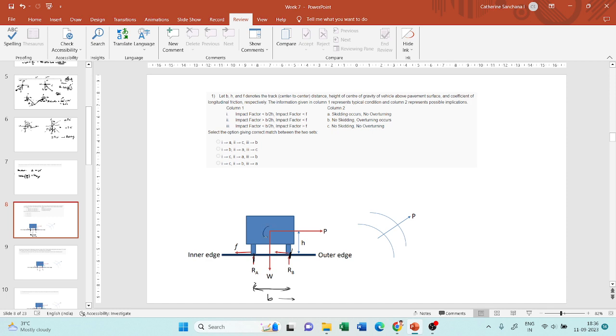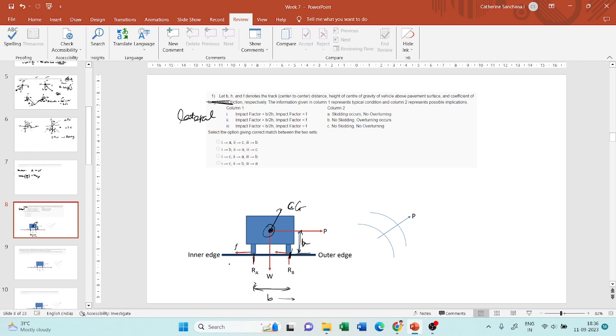If your vehicle has a CG acting about this point, this is the point where the center of gravity of the vehicle acts. From this point to the surface of the pavement, the height is taken as H. So they've given the height of center of gravity of vehicle above pavement surface and the coefficient of, this is not coefficient of longitudinal friction, this is coefficient of lateral friction actually.